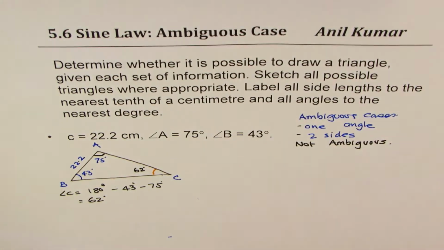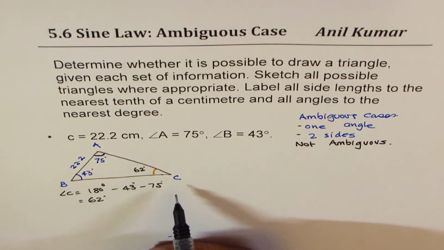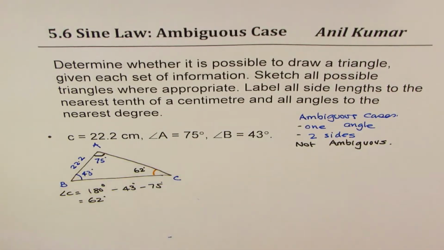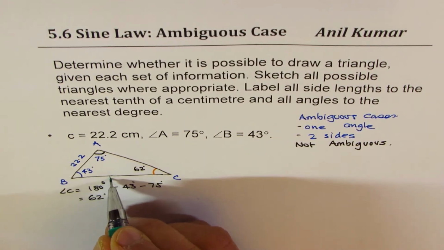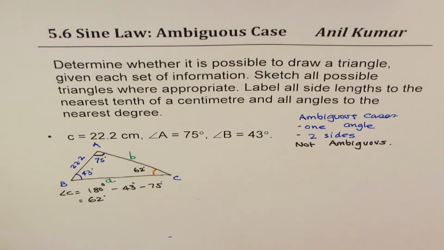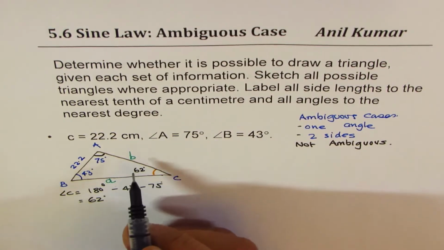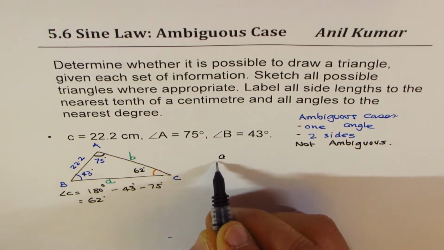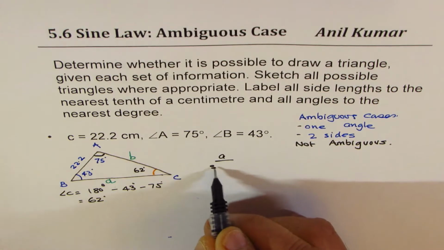Now it is a simple application of Sine Law to find the sides. How do we find the sides? Let me call these sides a and b. So this side will be a and this side will be b, opposite to B. Since I have to find side a, I'll write a over the angle opposite, sine 75.